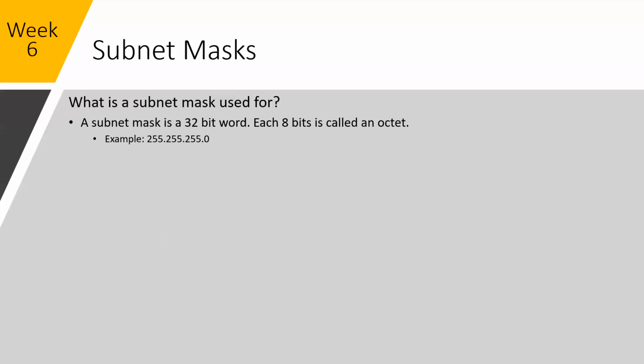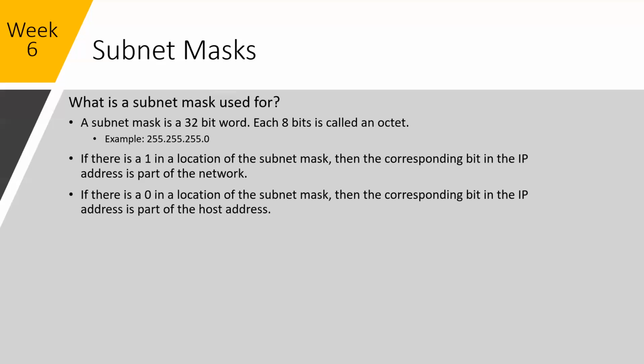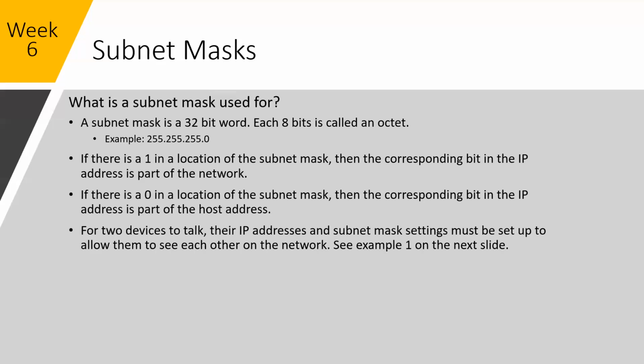So if there's a 1 in a location of the subnet mask, then the corresponding bit in the IP address for that part of the network needs to match. Okay, this is a little confusing, so the next slide will help explain it.